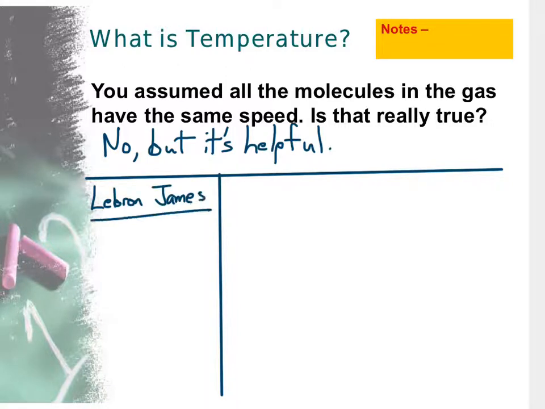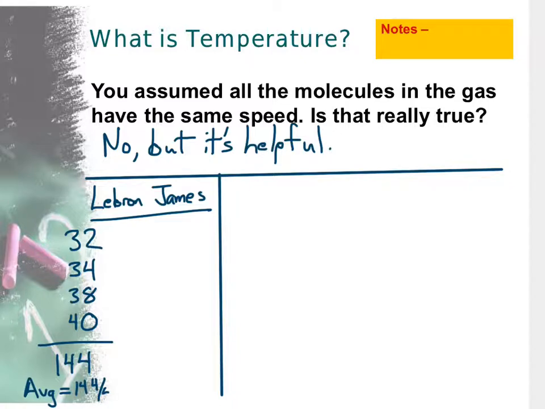Now, to give you a more tangible example, let's talk about LeBron James. Over 4 games, let's say he scores 32, 34, 38, and 40 points. Over that 4-game span, he scores a total of 144 points. His average over that span is 36 points per game.